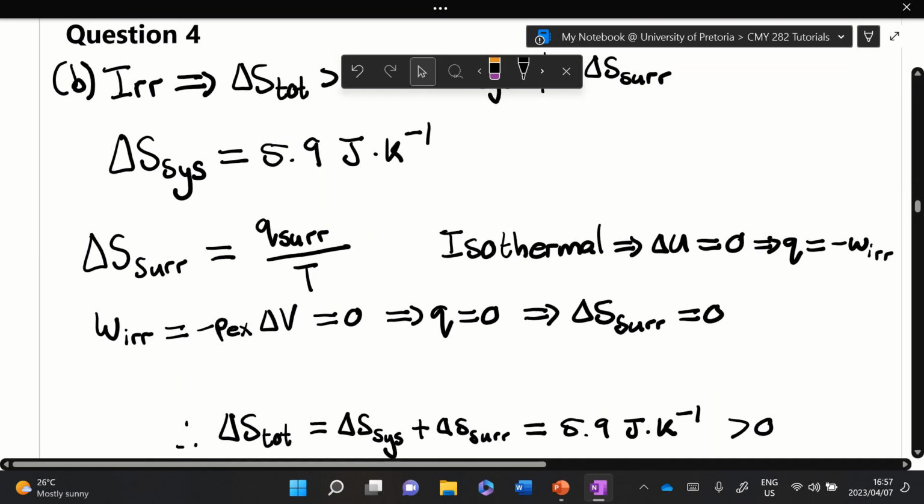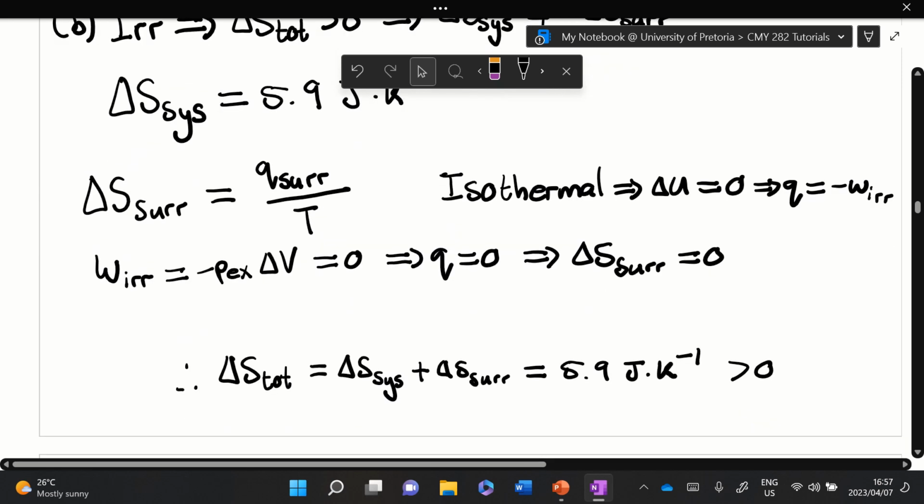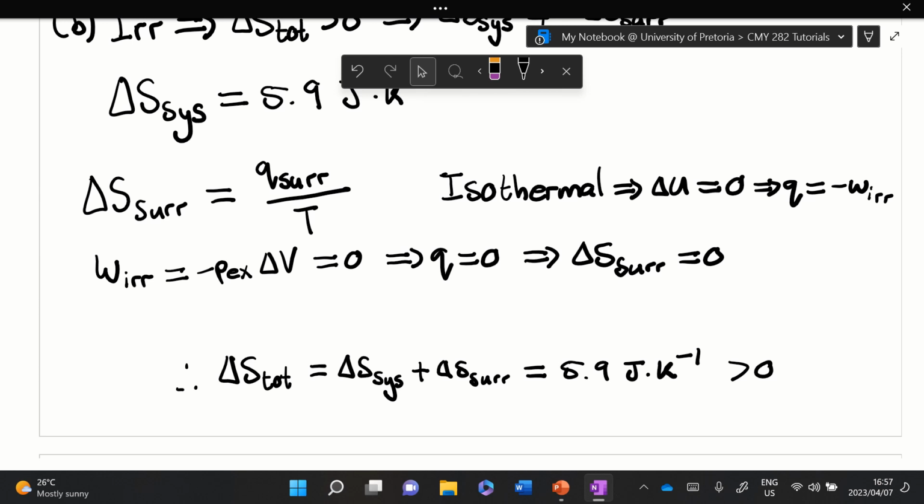We didn't change the process, we just changed the reversibility or irreversibility. But it's a state function, so we can do that. Then for the surroundings, it's dependent on the heat. So we calculated the heat, but because it's against a constant external pressure of 0, the work is 0, so then all those things fall into place.